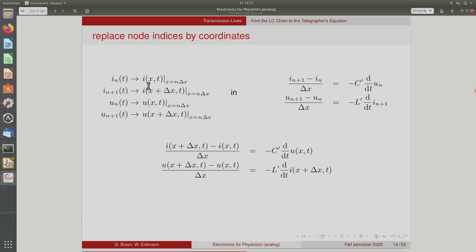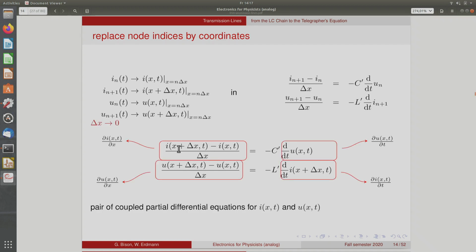So if it's I_n plus 1, then it's I of x plus delta x, and the same for the voltages, okay? Then if we put this into the equations that we had on the previous slide, the result looks like this, and it is already clear that this will become a derivative.